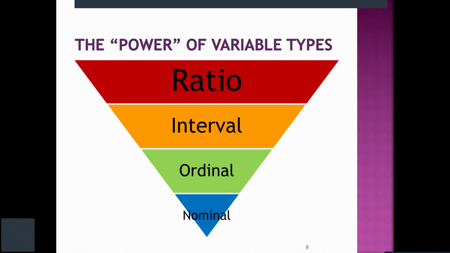Ordinal data is less powerful still. And we can even analyze ordinal data that's not numerical at all. We'll see that we can have ordinal character, that is name data. And nominal is the least powerful because really what we can do with nominal is we can count how many things fall into a category, and we can talk about percentages. And that's about all you can do with nominal.